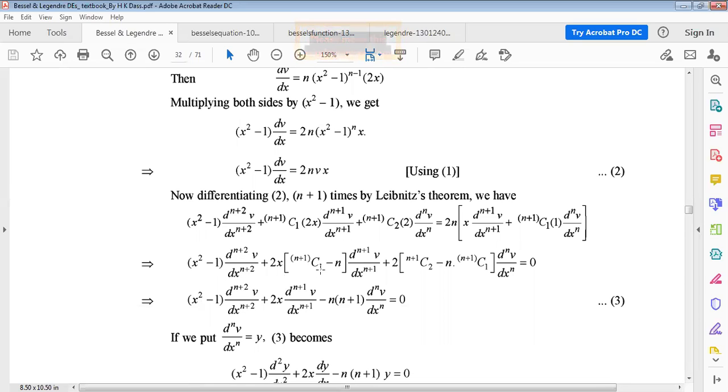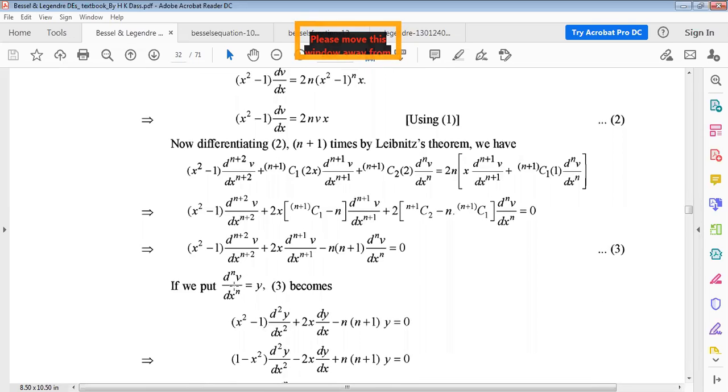Twice x into n plus 1 c 1, the formula gives n plus 1, so n plus 1 minus n leaves only twice x. And n plus 1 c 2 formula gives n into n plus 1 divided by factorial 2. So this will give n into n plus 1 after the combination formula.